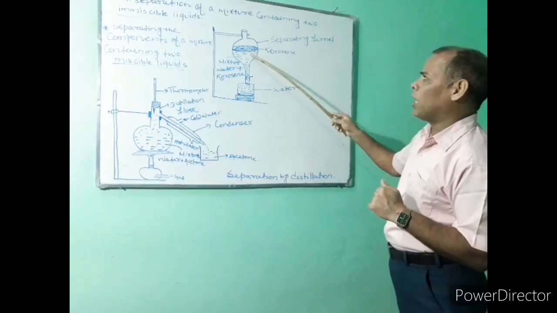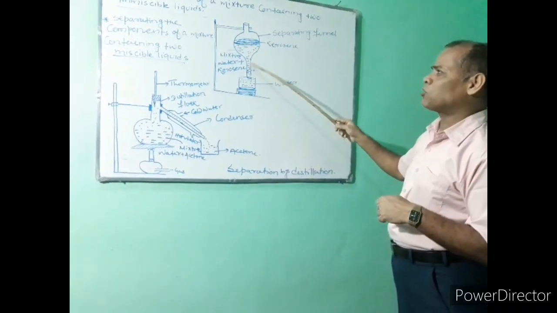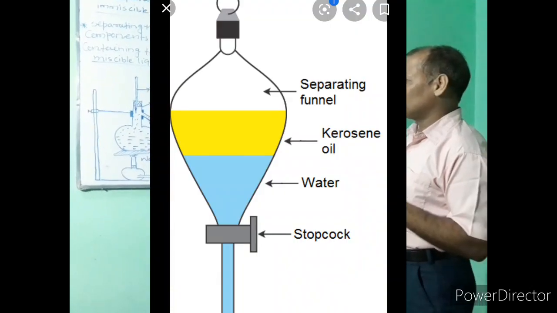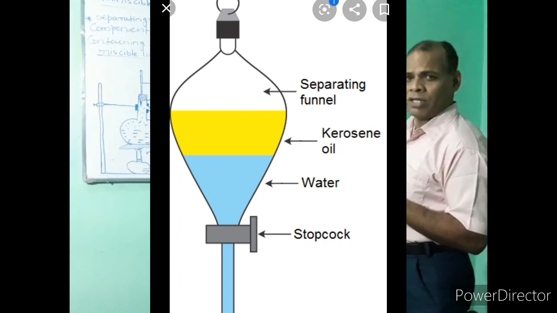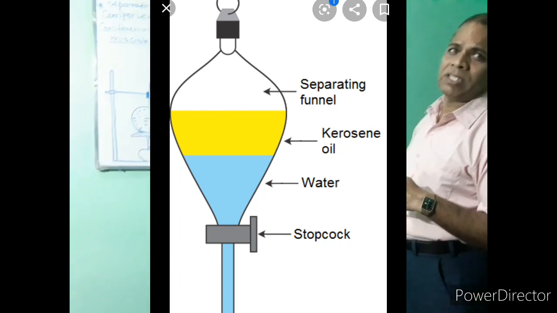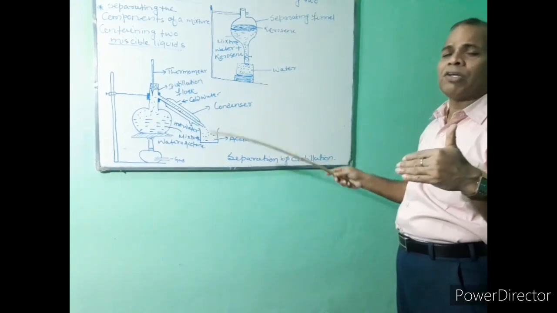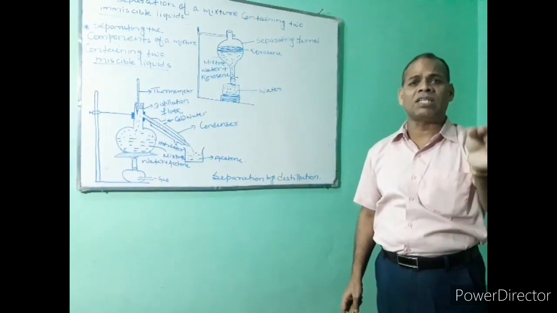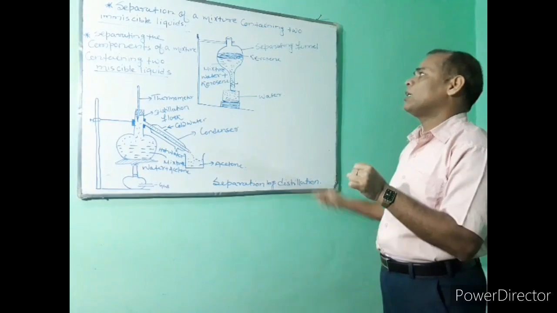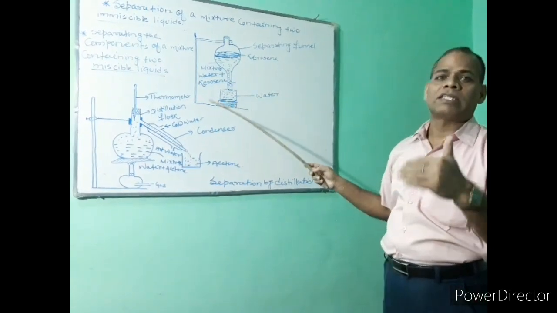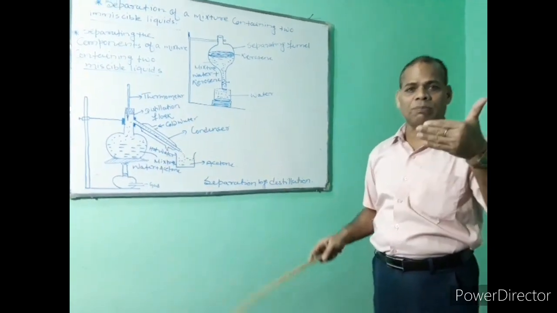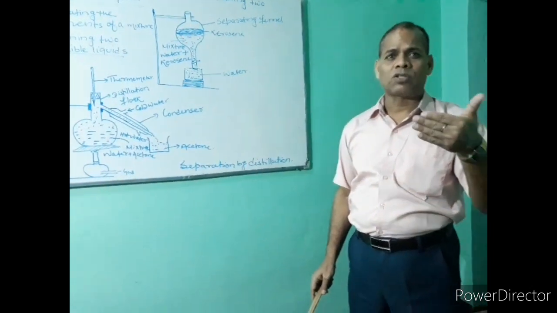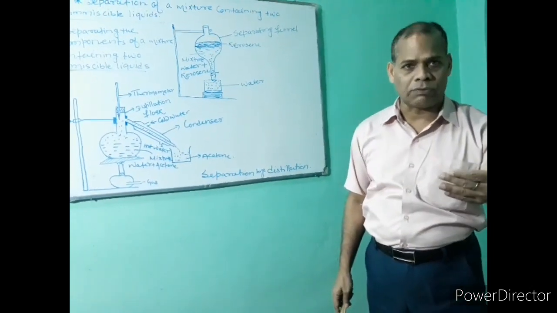Then all the kerosene oil remains in the separating funnel, and all the water we have collected in a beaker. So this is the way we can separate two immiscible liquids by using a separating funnel. This apparatus is basically used to separate two immiscible liquids.